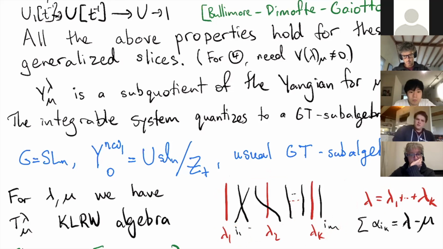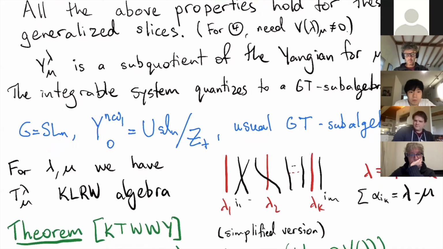And the black strands are allowed to move around and cross, and the red strands are not. And I guess one thing I didn't put in my diagrams, but maybe it's important, is that there's also some dots on the black strands. Okay, so this is a big subject. As I said, there are many people in the audience who are more knowledgeable than me on these guys, but okay. So we proved the following theorem.